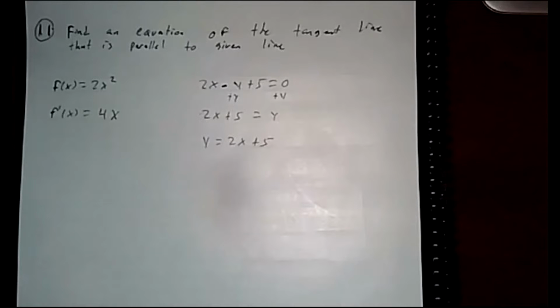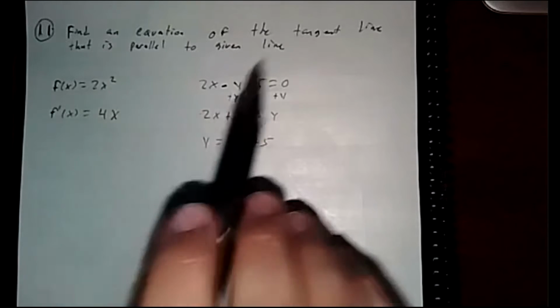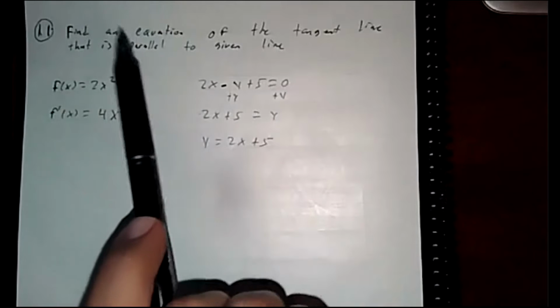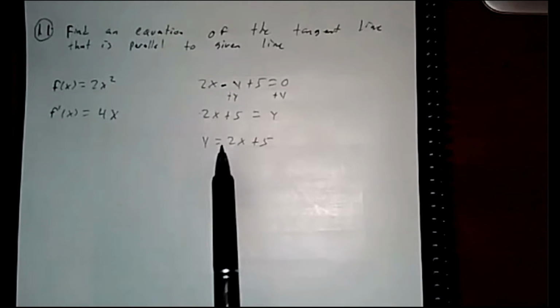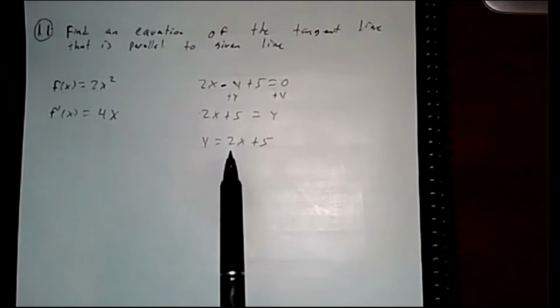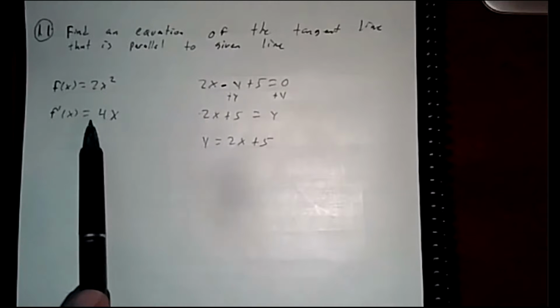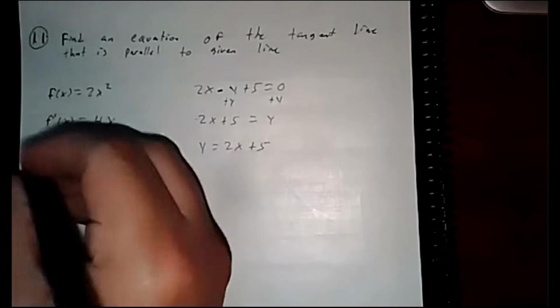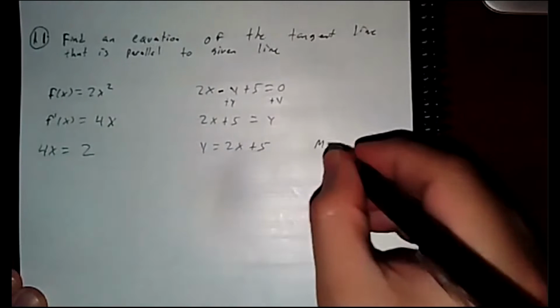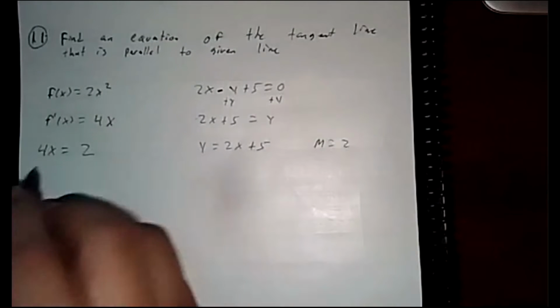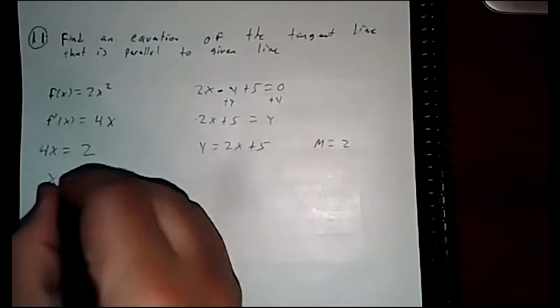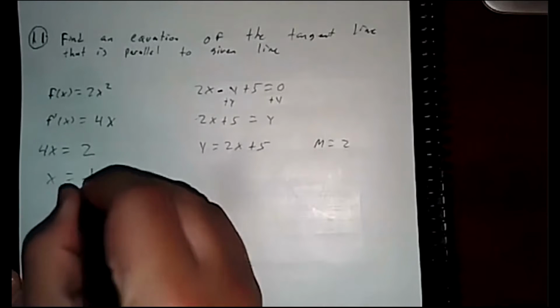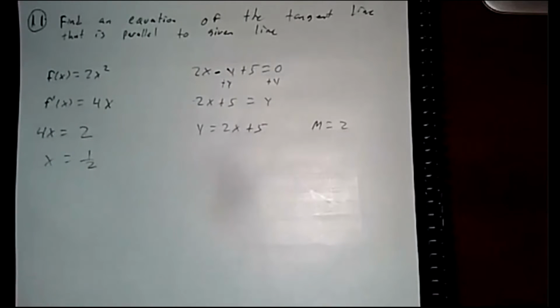So in order for me to find the parallel line, the slopes must be equal. I need to use that idea to figure out what the x value is. So I set the derivative equal to that slope. You solve for x, which gives you 1/2, right?